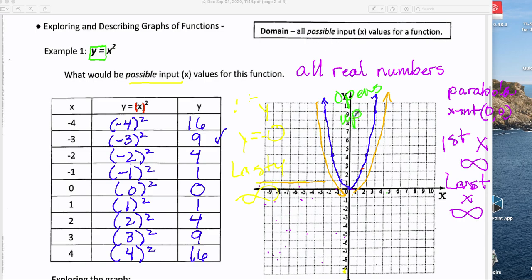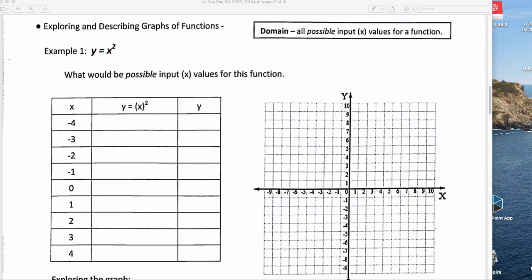Okay, I'm going to scroll and show you the filled-in answers so you have a chance to double-check yours. But right now, I'm going to erase this graph and move on. If you need to pause here and finish your notes, then go ahead and do that. All right, let's scroll.